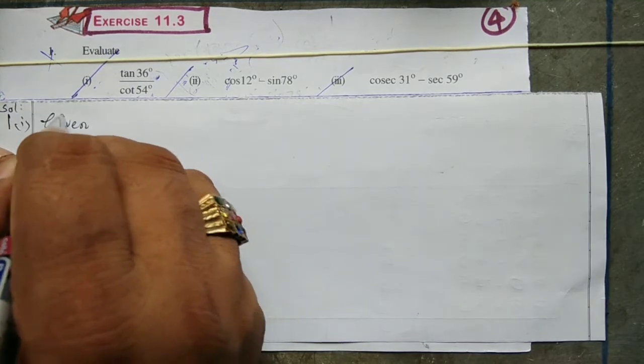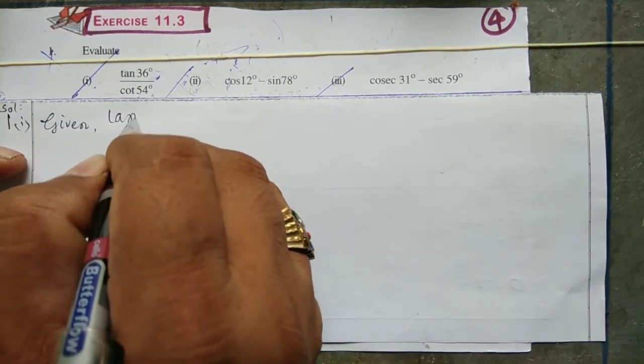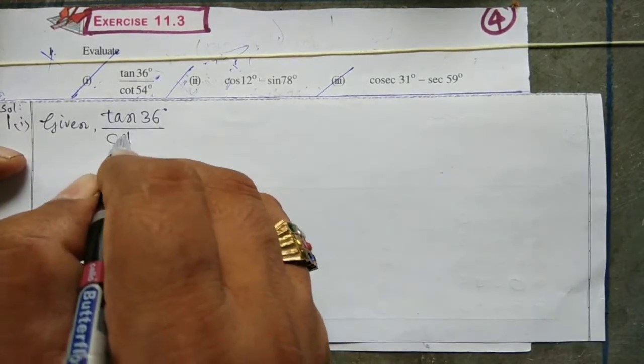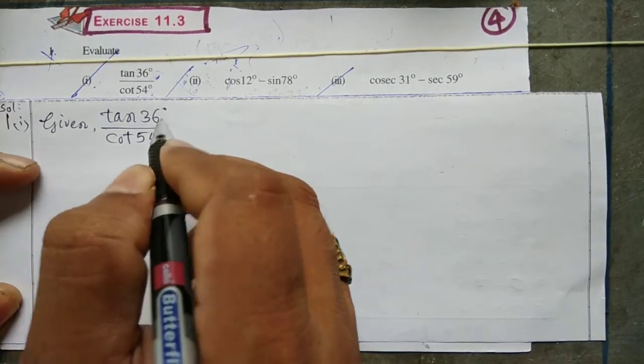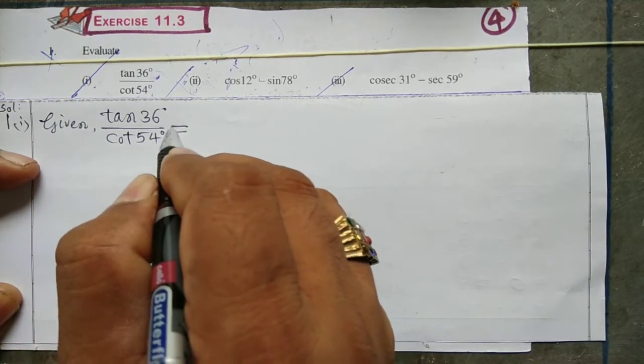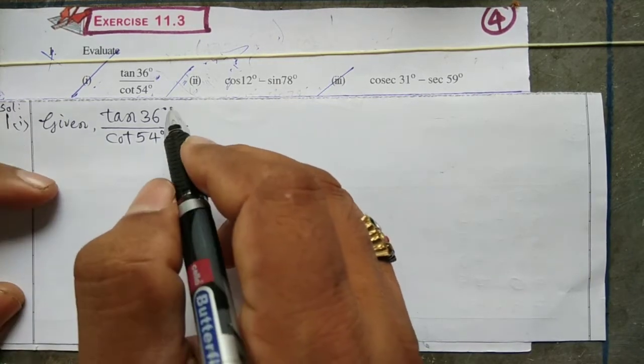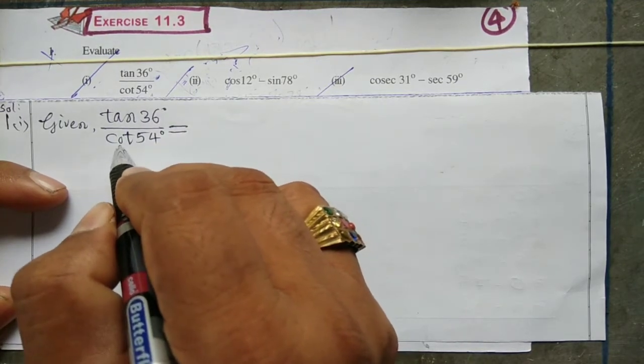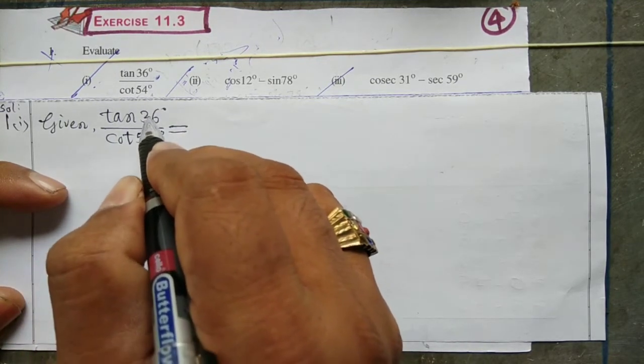Given tan 36 by cot 54. To find the value, we have to convert cot in terms of tan.